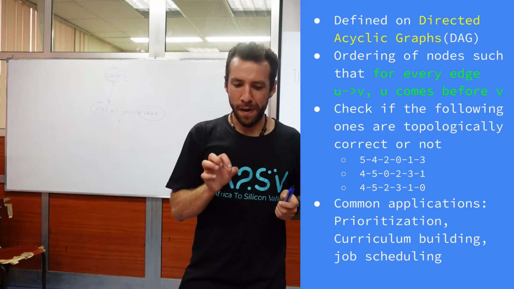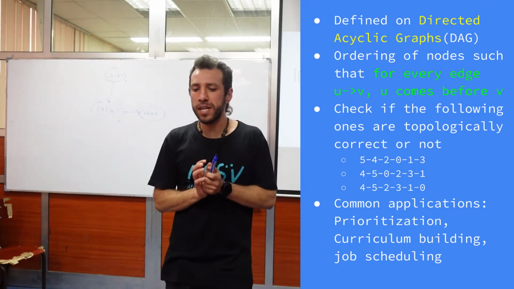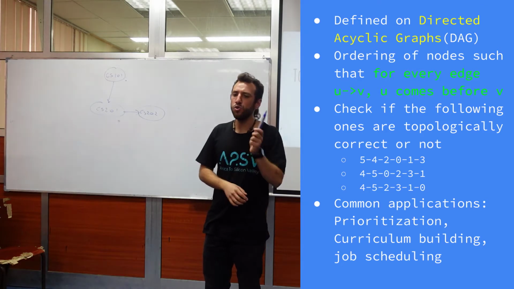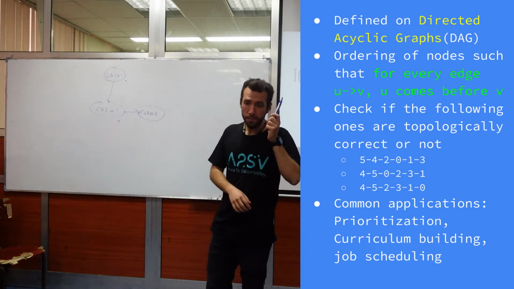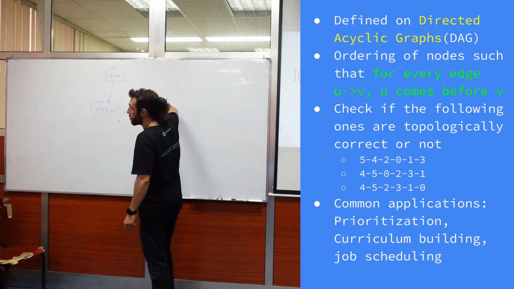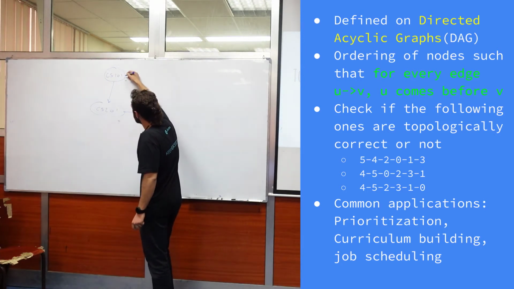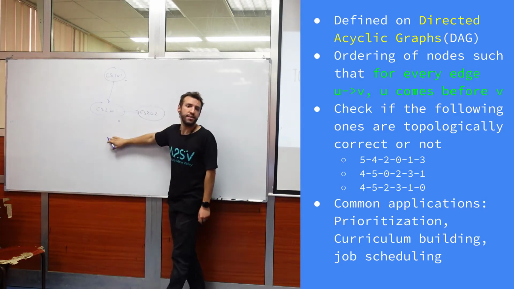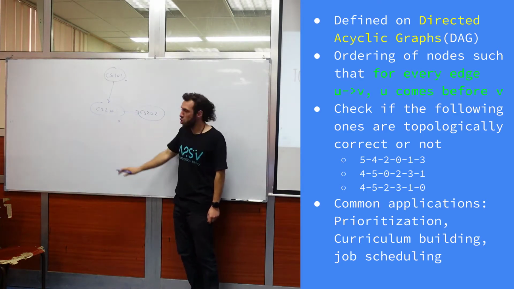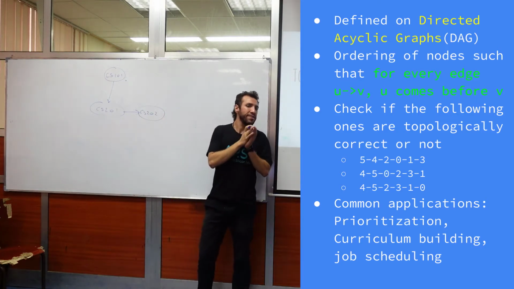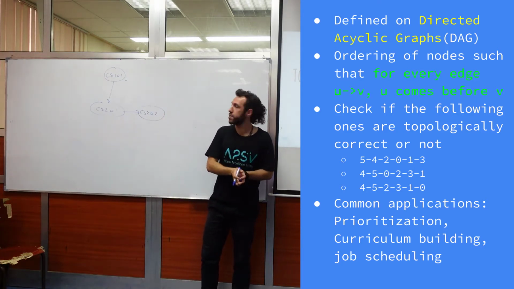Basically, when this graph is given, what we want to do is, for every edge from U to V, U should come before V. So for every edge we have in this graph, the source has to come in our output order before the destination. Now let's consider some sortings of these nodes to check whether they are topological or not.